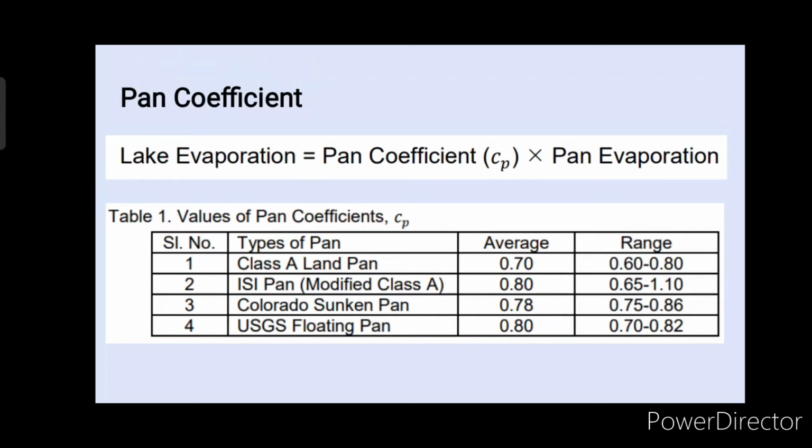Their averages are 0.70, 0.8, 0.78, 0.8. So based on this table, these are their pan coefficients. So when we calculate lake evaporation, we need this data.